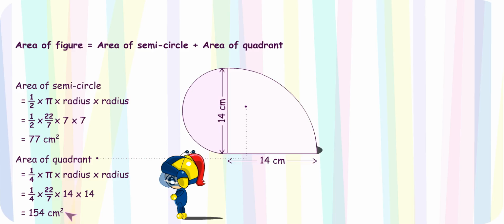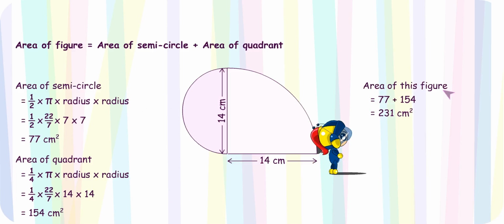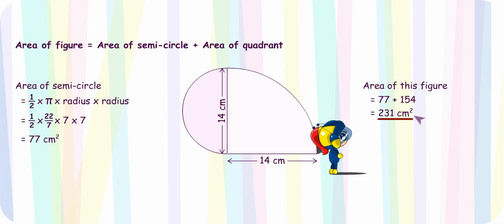It is 154 square centimeters. Therefore, the area of the figure is 77 square centimeters plus 154 square centimeters, which is 231 square centimeters.